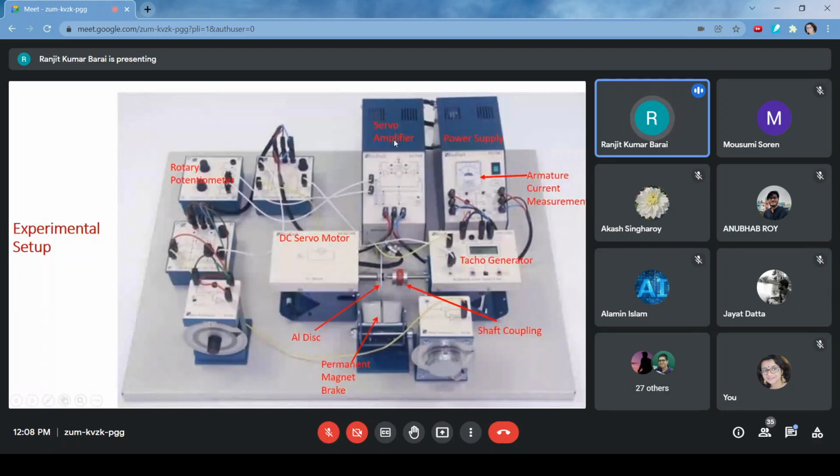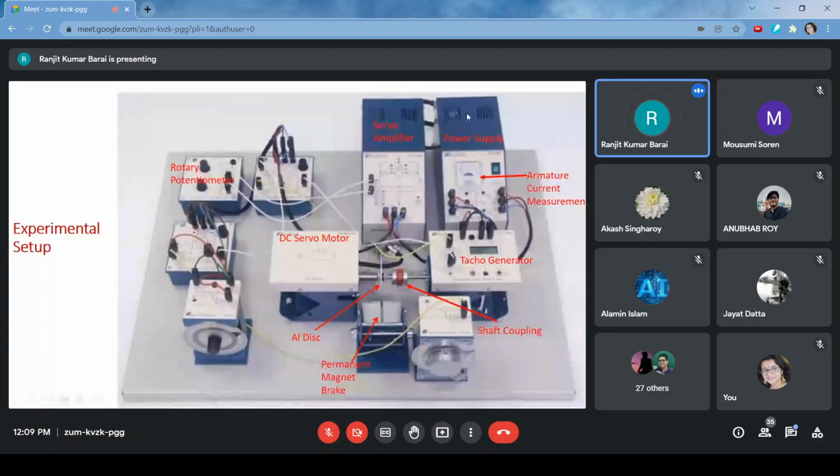That's why the servo amplifier should be a very, very linear amplifier, or the operating point and the allowable area of variation around the operating point should be quite large. A very large linear region should be there.